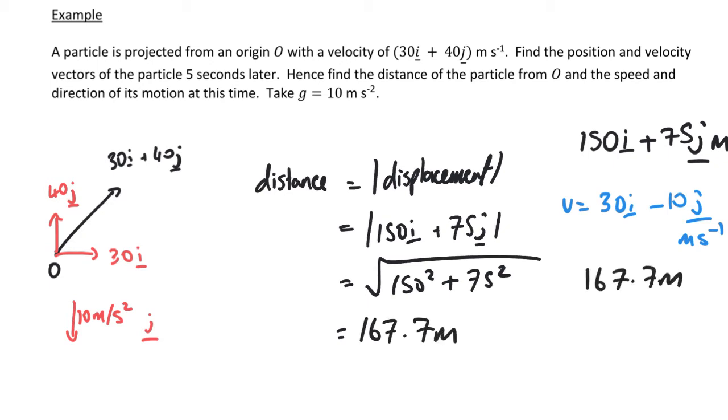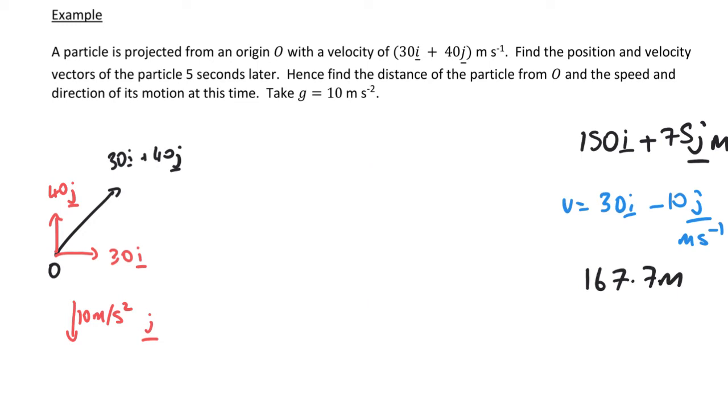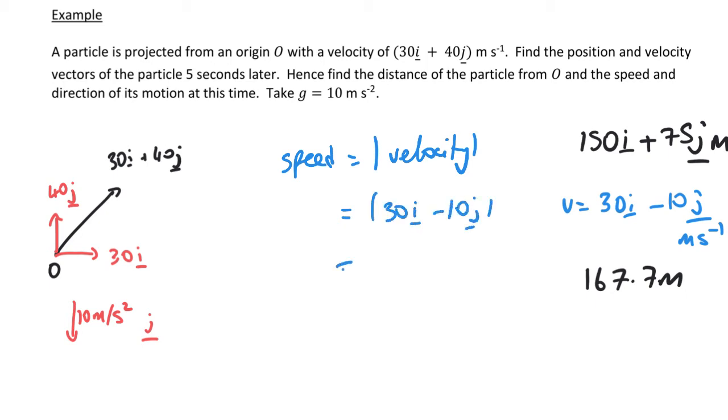Then we're going to try and find the speed, and again the speed is the magnitude of the velocity, which is the magnitude of 30I minus 10J, which is the square root of 30 squared plus minus 10 squared, which is 31.6 meters per second.